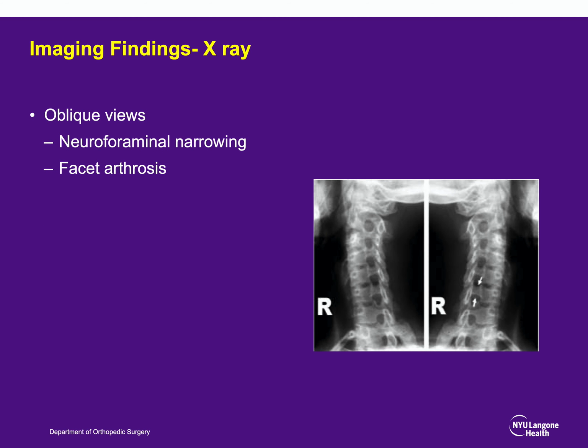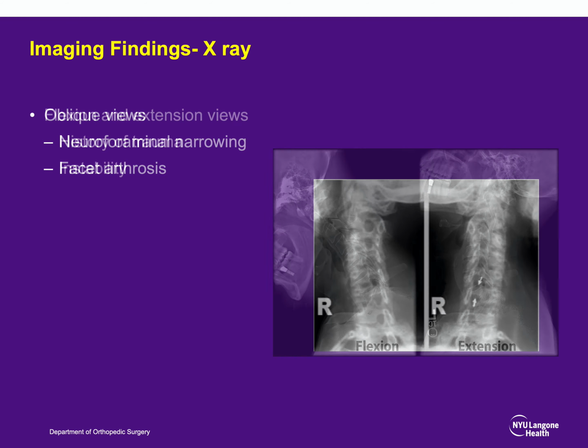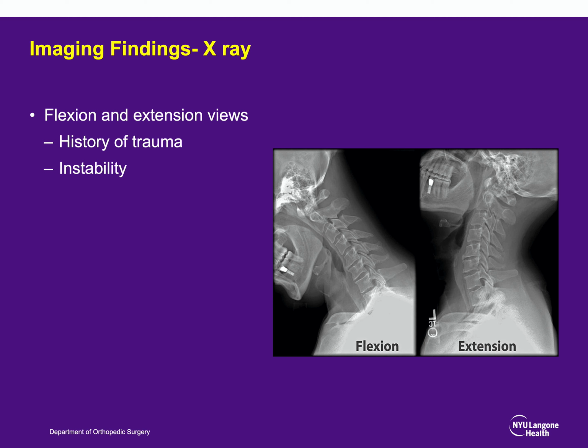Oblique views, although not obtained frequently, can best visualize the status of the neuroforamens. Flexion extension views are important if there's a history of trauma or history of inflammatory arthropathies.